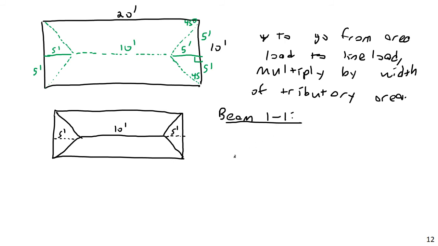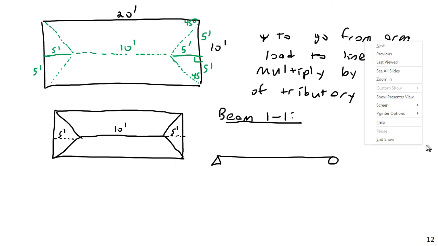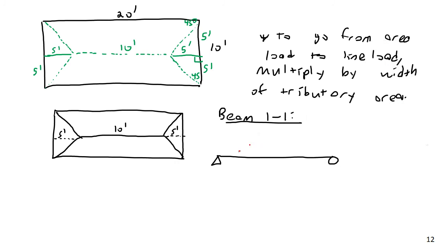Now, looking at this, it's going to have some sort of triangular loading. Again, I'm just going to keep it simple and assume simply supported. The reason for this is right at the edge, what is the width of beam 1-1's tributary area at the corner? 0, exactly. And right at the middle, it's going to be 5 feet.